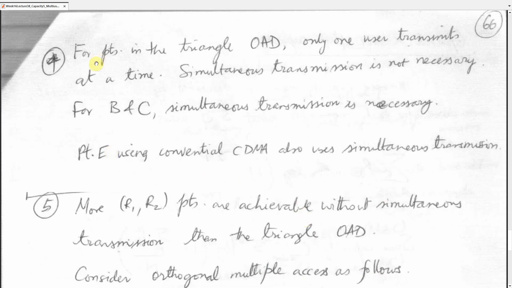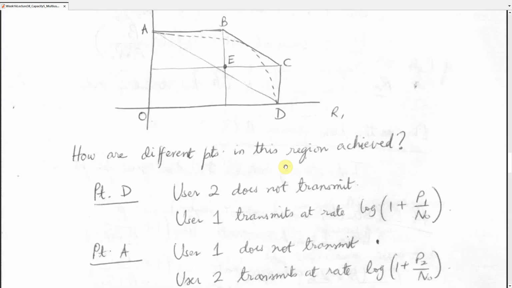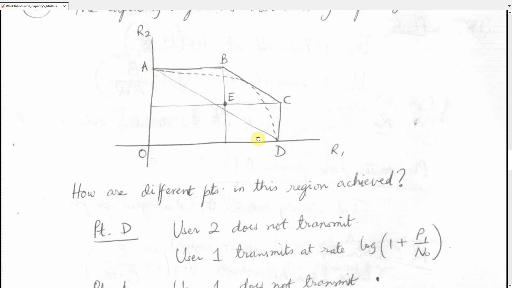Point number 4. Now we have points in the triangle OAD. So what is achieved by the points in the triangle OAD? What is the triangle OAD? This is triangle O, A and D, inside this triangle.